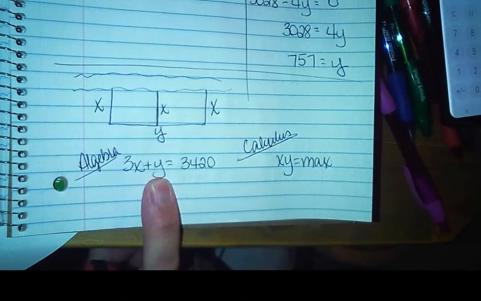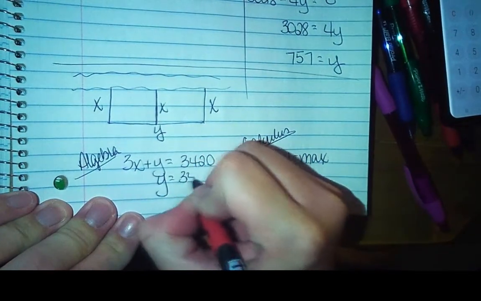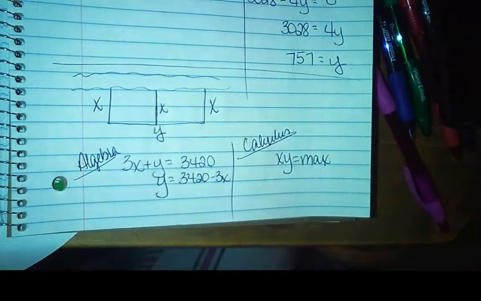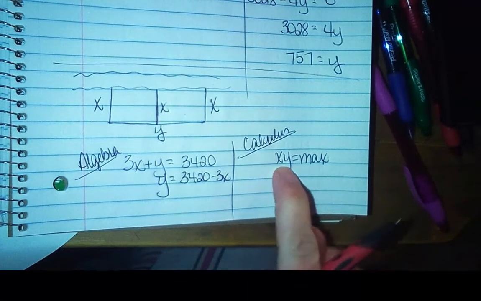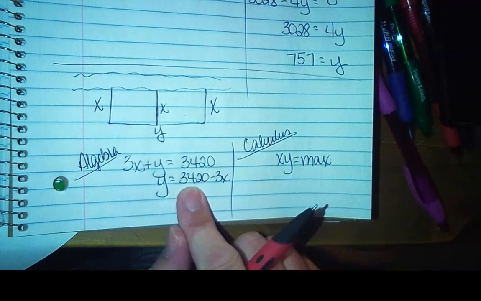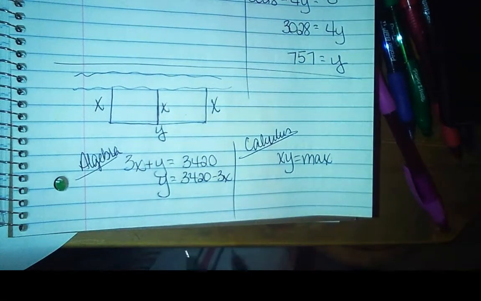So now I can easily solve for y. So y is going to equal 3,420 minus 3x. And I'm going to substitute that in here. So I know that this is going to be x times 3,420 minus 3x. So I'm going to go ahead and do the substitution because I'm kind of running short on space and time.